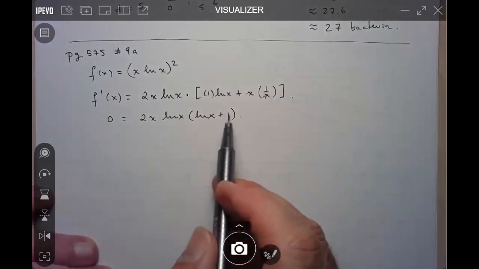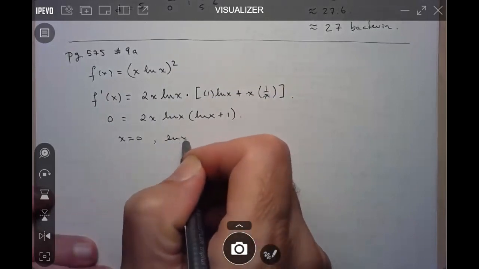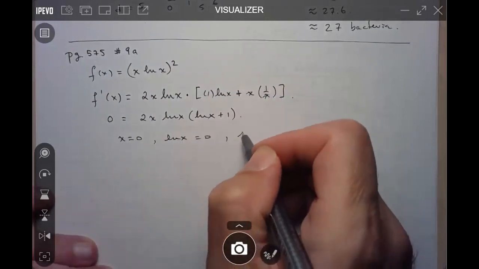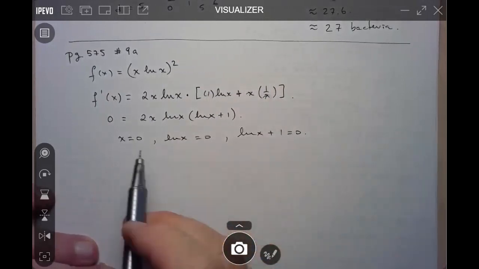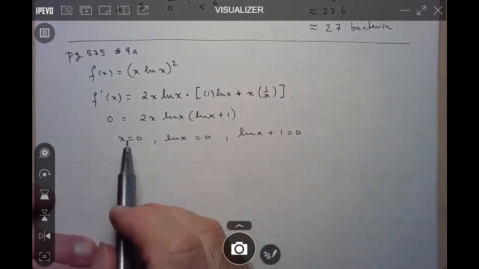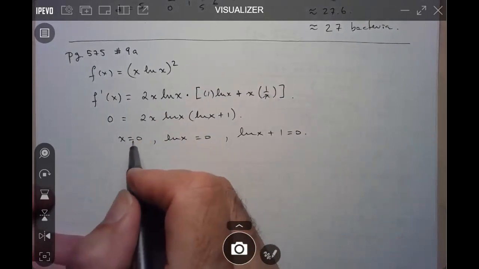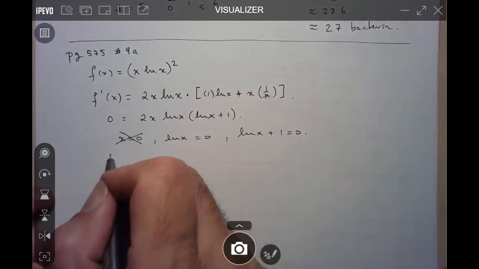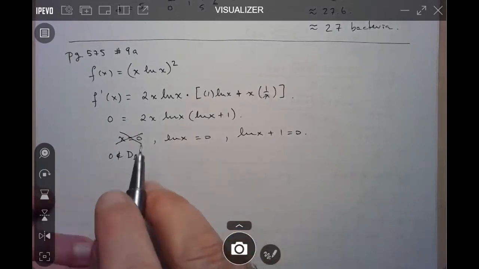So if I look at this here, I see that x can be equal to 0, ln x can be equal to 0, or ln x plus 1 can be equal to 0. Now, while this looks like a good candidate, of course, ln x is not defined at 0. So 0 is not in the domain of my function. So that's gone.